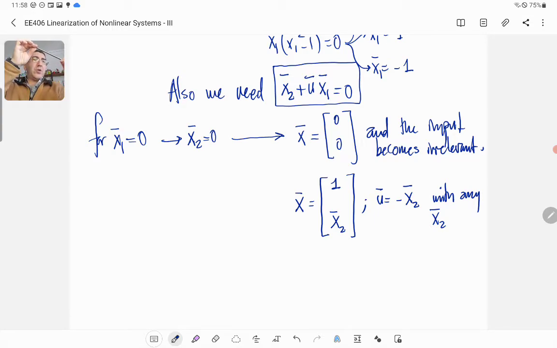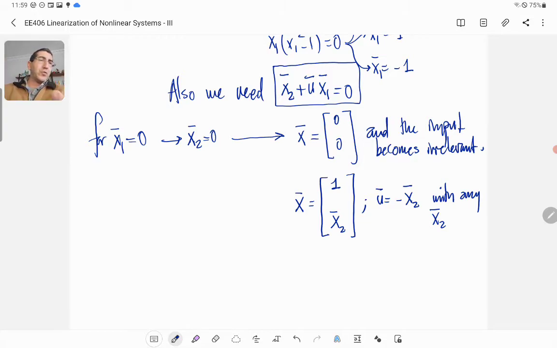And if you reduce the DC offset of the motor, you can generate another equilibrium point somewhere here. So you can generate an equilibrium point anywhere by simply adjusting the equilibrium input. And as we will see, you can generate a linear approximation to this system anywhere.